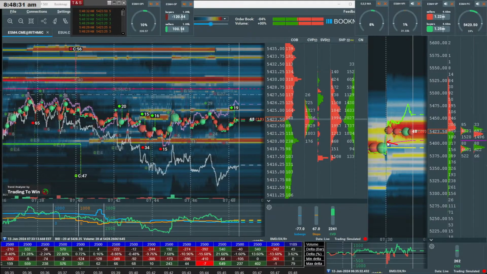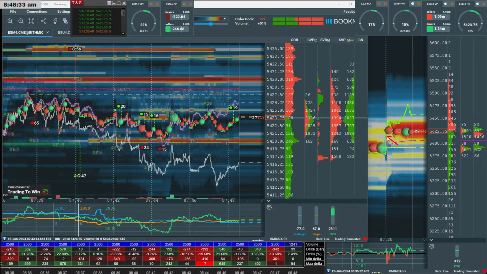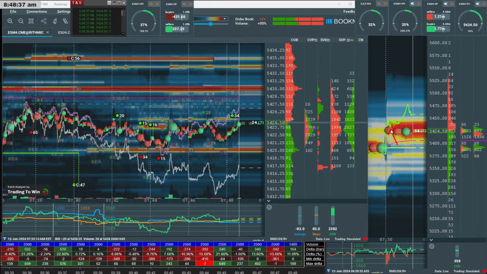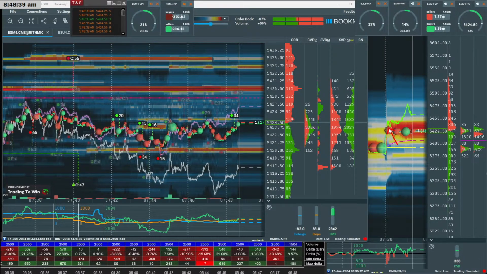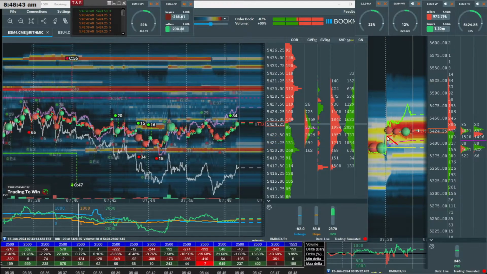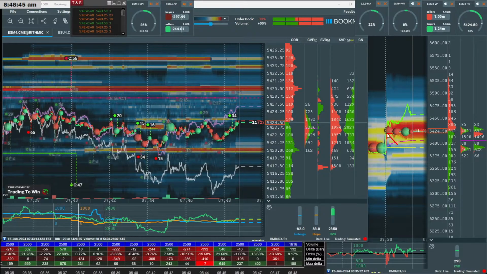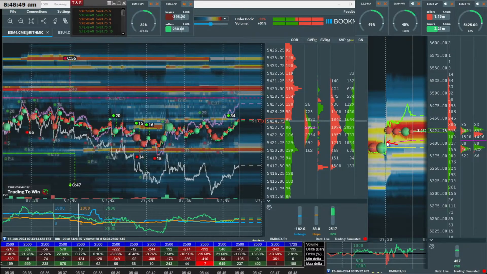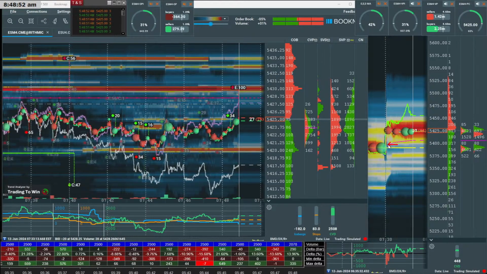We just broke up, swept the book, came up here to 54.24, somewhere around there. Or what was the high? 54.32. So we just shot up, basically a 30-point move, somewhere around there.